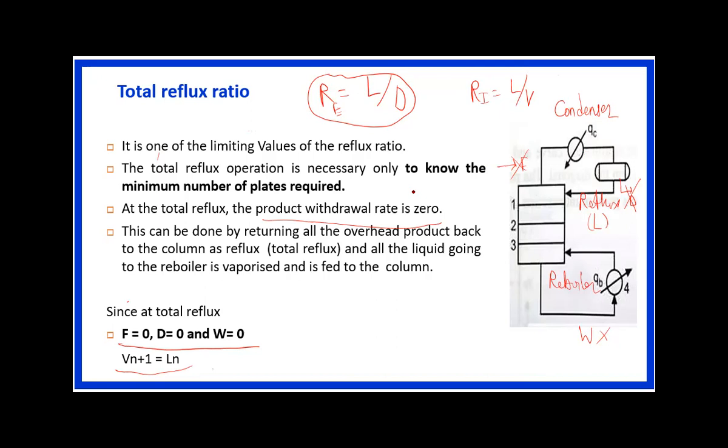Otherwise, practically, this is not a useful practice, as there is no distillate and the company requires the product for selling, for gaining profit. If there is no distillate, then there is no use of this total reflux ratio condition. So to know only the minimum number of theoretical plates required for the distillation column, the total reflux ratio condition can be utilized.